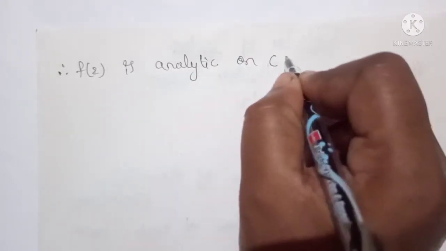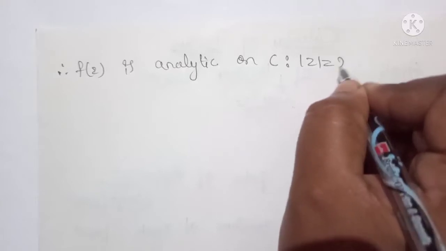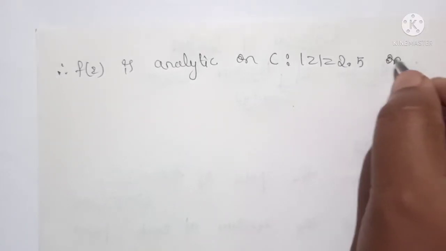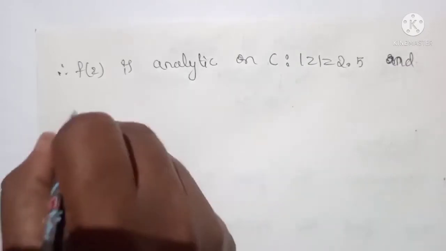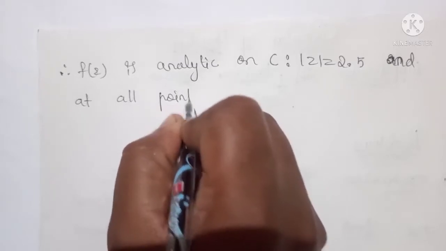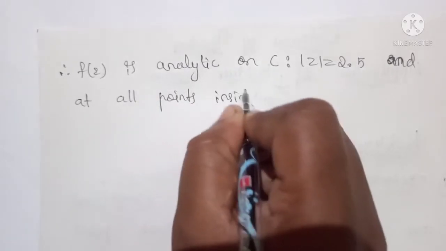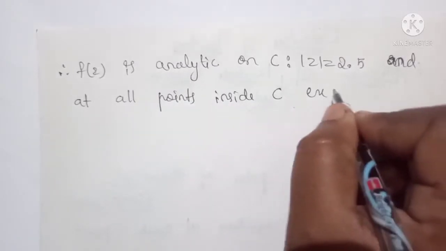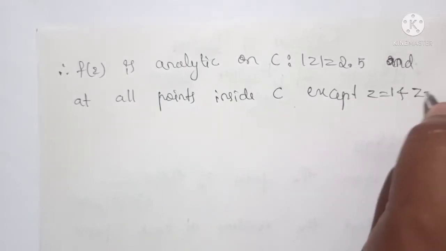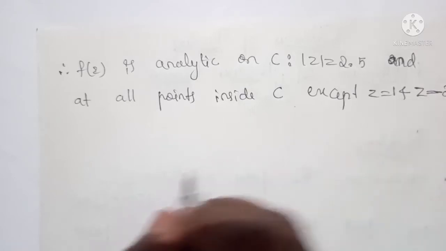So therefore f of z is analytic on C, given by mod z equals 2.5, and at all points inside C except the points z equals 1 and z equals minus 2, which lie inside the circle.